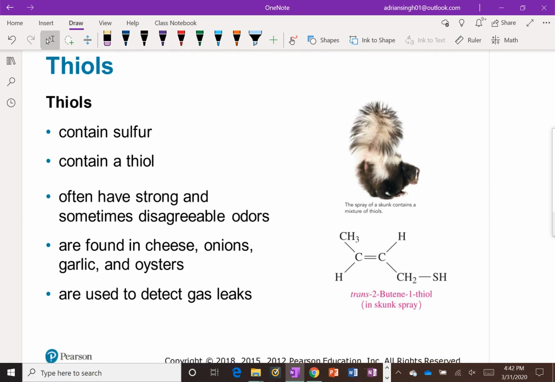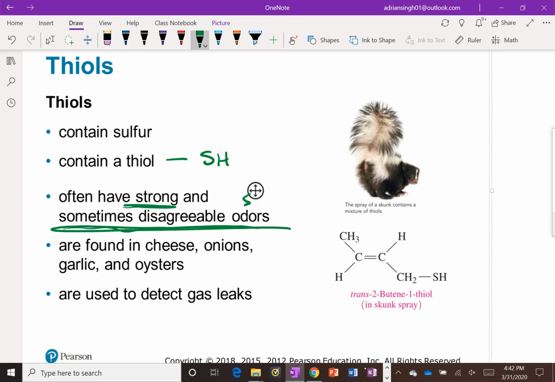Thiols, as we saw before, contain sulfur. Specifically, it is one of two functional groups that contain sulfur, the other one being the disulfide. Thiols contain a thiol functional group, which is an SH. Thiols typically have a very, very strong and repulsive odor, or stench, I would say, associated with them.